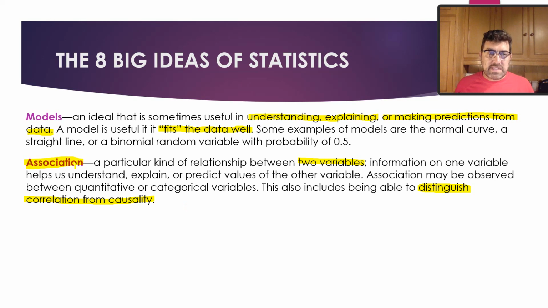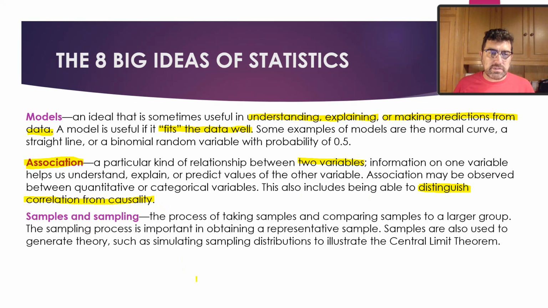So association is what connects causality and correlation, and your ability to distinguish between the two. Does a high correlation tell us something about the causality in the relationship between the two variables?